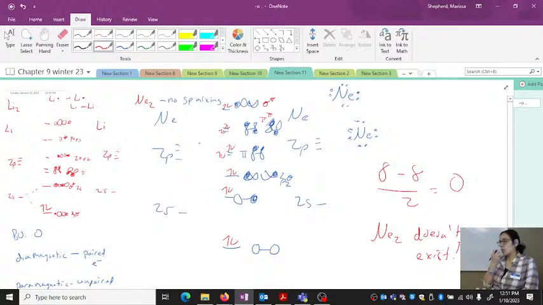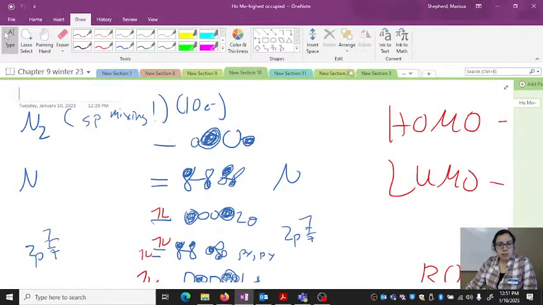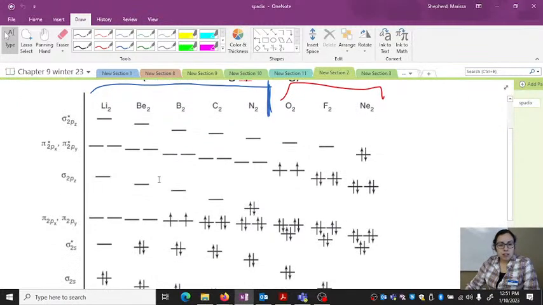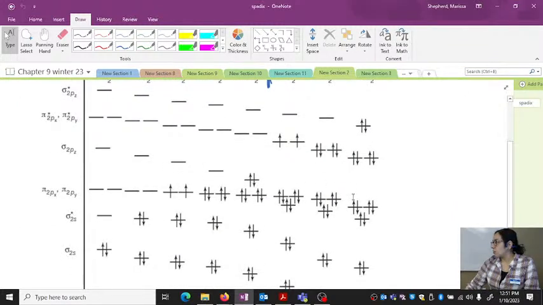So why does neon have no SP mixing but lithium does? It goes back to this chart here. The p orbitals and the s in neon become so far apart that it's just not favorable to interact. As you go across, there are different degrees of SP mixing.